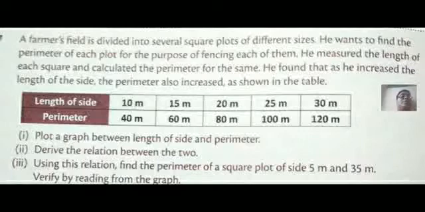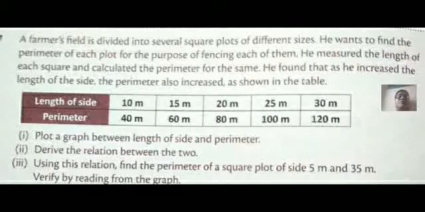He found that as he increased the length of the side, the perimeter also increased as shown in the figure. First, when the length of the side is 10 meter, the perimeter becomes 40, and for 15 meter the square plot becomes 60, 20 meter 80, 25 meter 100, 30 meter 120.